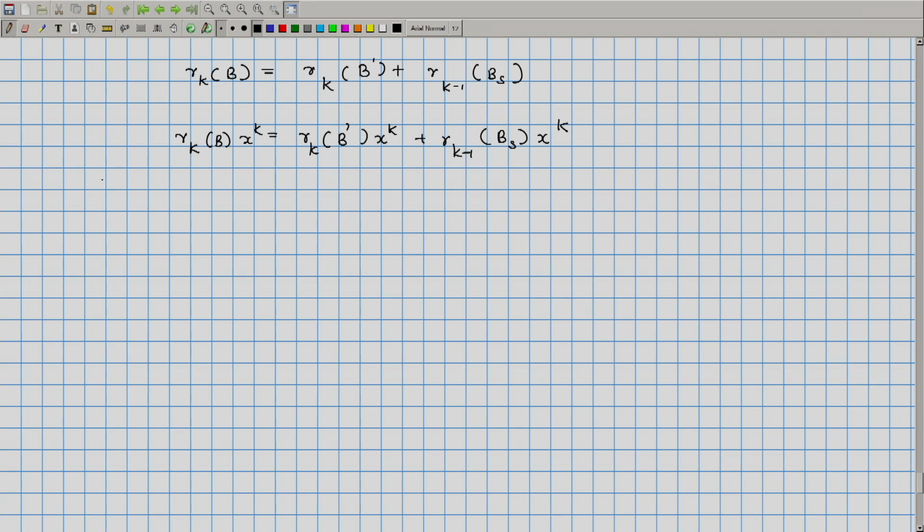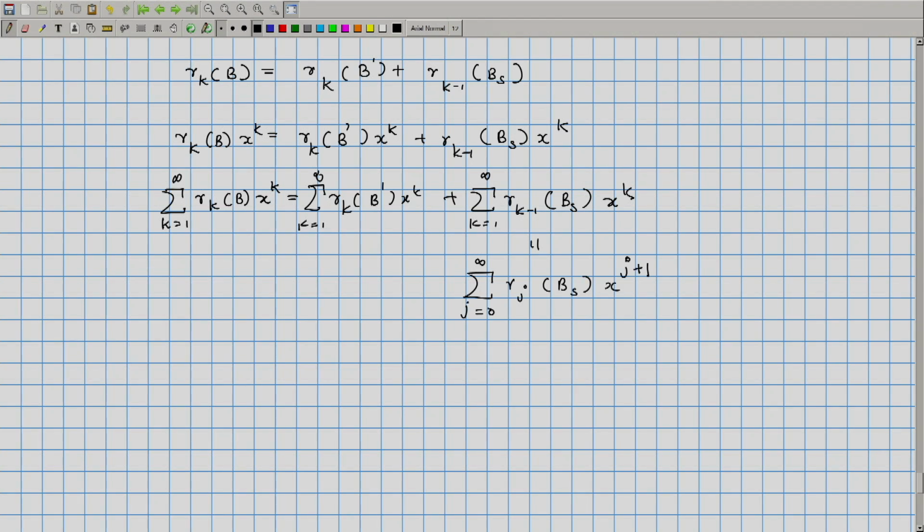Now you can sum this up over all values of k going from 1, because we do not want to take 0, since k minus 1 does not make sense. So, summation k equals 1 to infinity R k B x^k is equal to summation k equals 1 to infinity R k B prime x^k plus summation k equals 1 to infinity R k minus 1 B S x^k, and this term is equal to summation j equals 0 to infinity R j B S x raised to j plus 1.